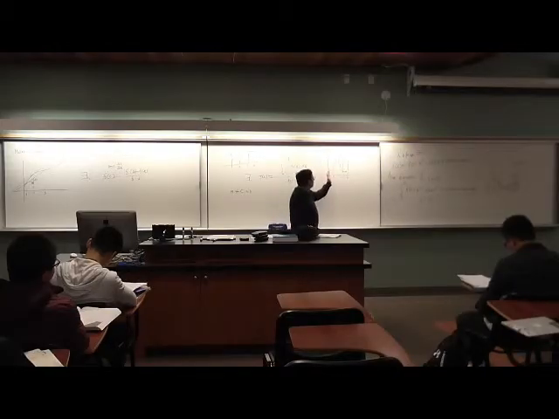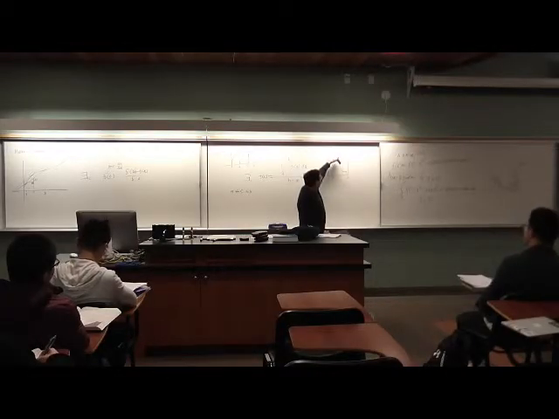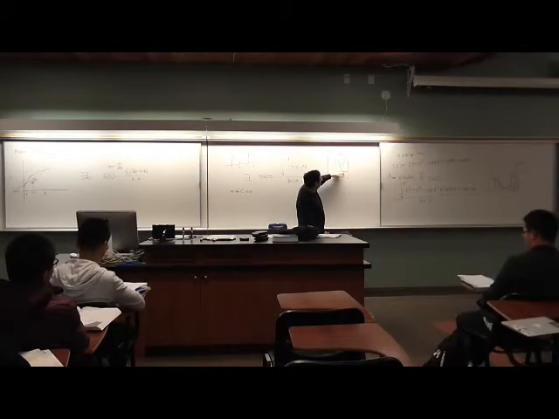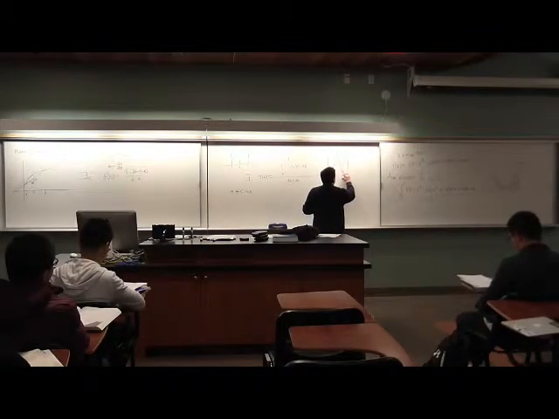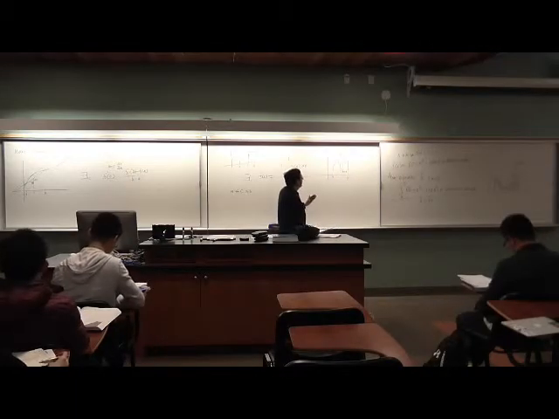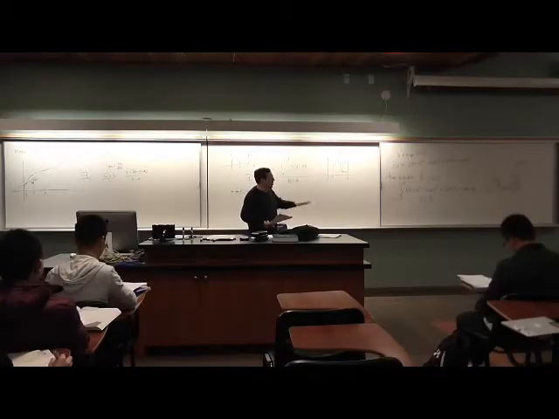And since this is continuous, every value between f of x min and f of x max has to be on this line somewhere. In other words, it's continuous, so it runs through every value.